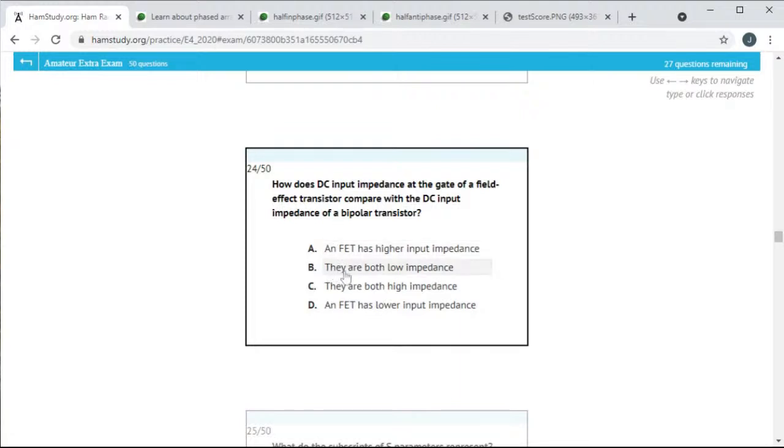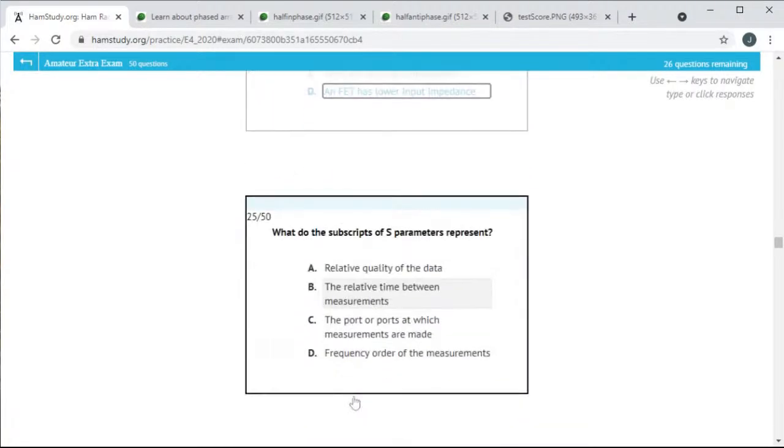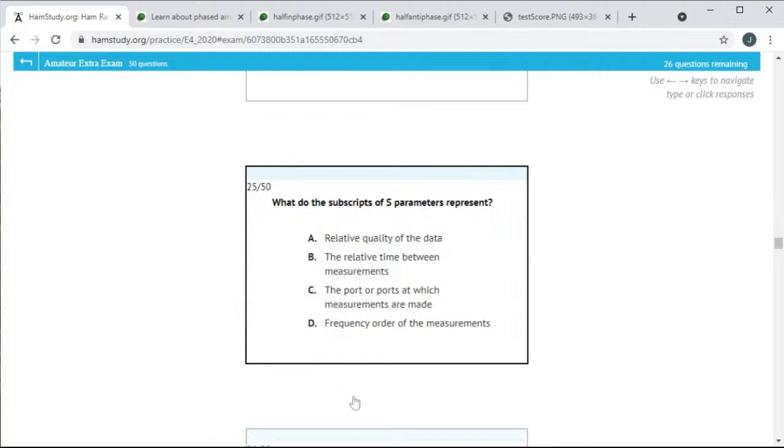B, both have low impedance. C, both have high impedance. D, a FET has lower input impedance. I'm going to go with D. Probably wrong, but yeah, I need to move.